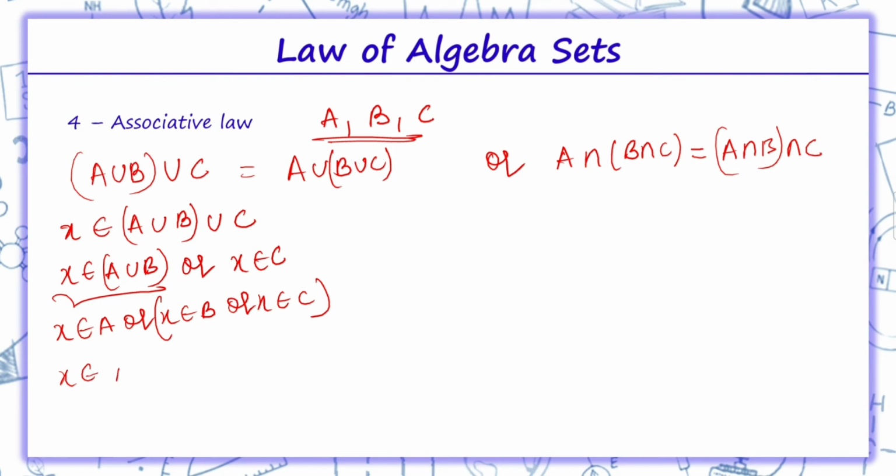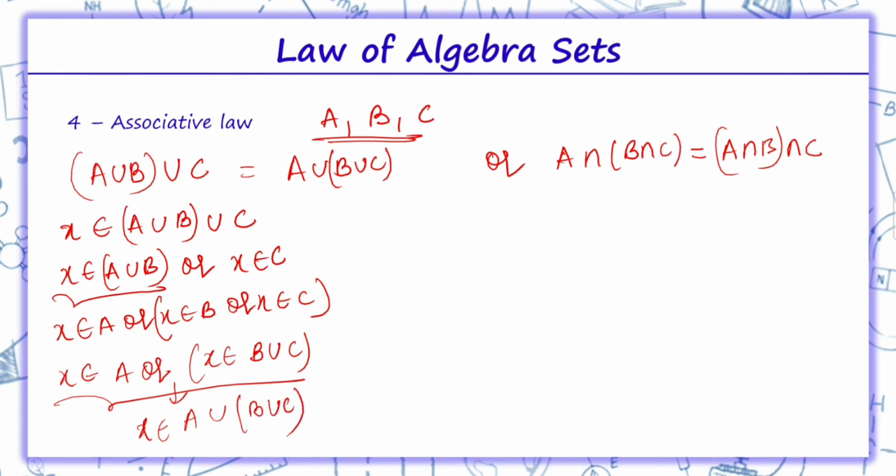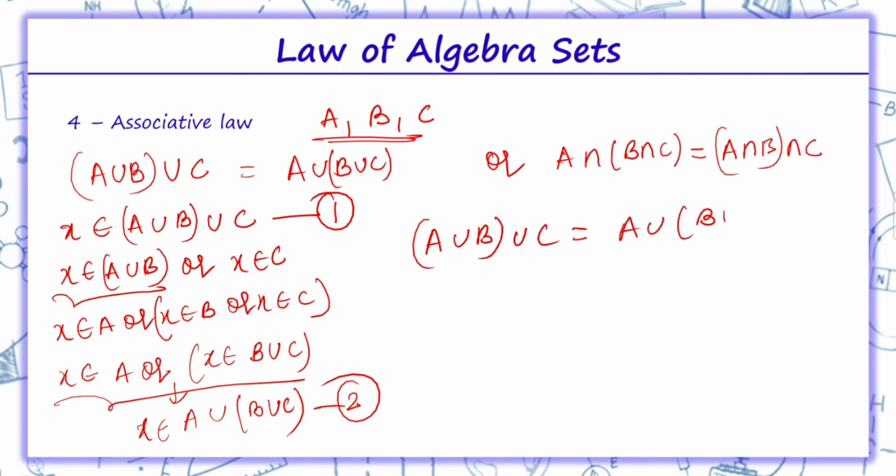So we can write X belongs to A or X belongs to B union C. On combining this, we'll get X belongs to A union (B union C). So this is the first equation and this is the second. Again we proved the same thing, X belongs to both of them. So (A union B) union C will be equal to A union (B union C).